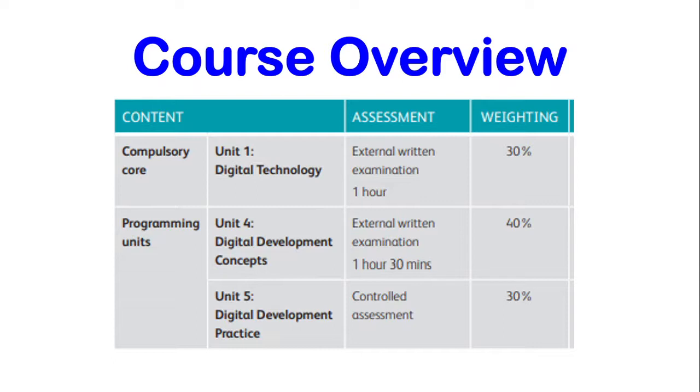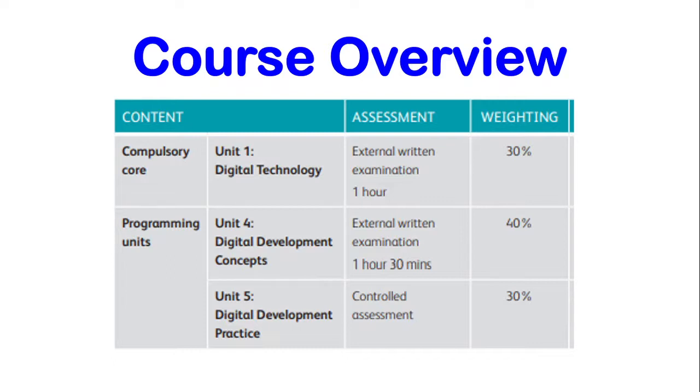Units 4 and 5 are the programming related units. Unit 4 is a theory based unit, and you would sit an external exam at the end of Year 12, and it's worth 40% of your overall mark. Unit 5 is your controlled assessment unit, and Units 4 and 5 are inextricably linked, because most of the concepts you learn in Unit 4 you will then apply in Unit 5.